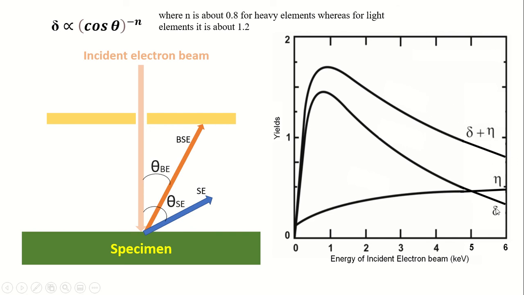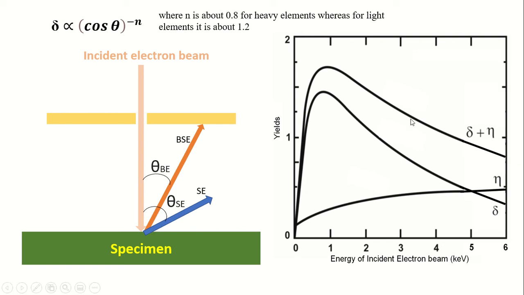This is the combination of the secondary electron and the backscattered electron. So at less energy we have higher yield. That means if we increase the energy we will have more collisions between the electrons and less mean free path, which gives us less yield. It will never reach the detector that will detect the secondary electron.